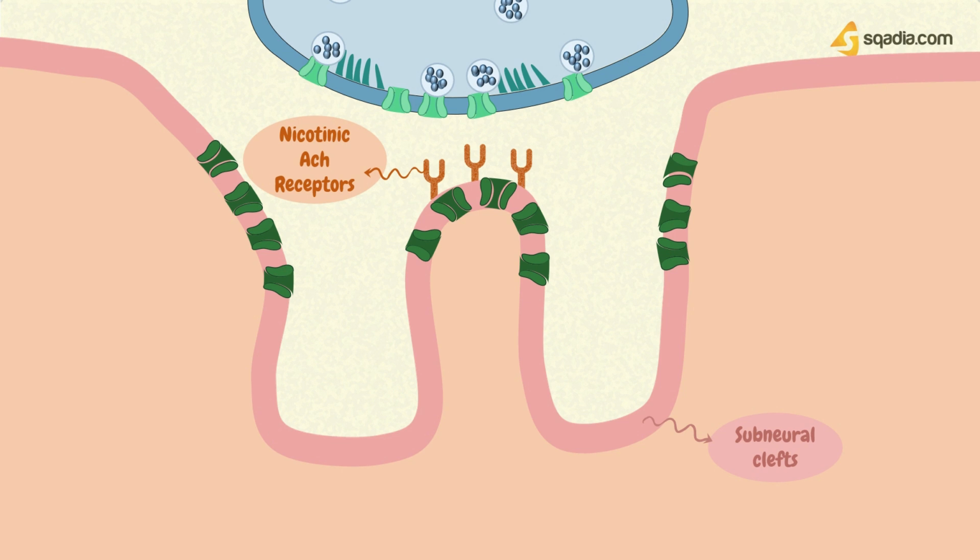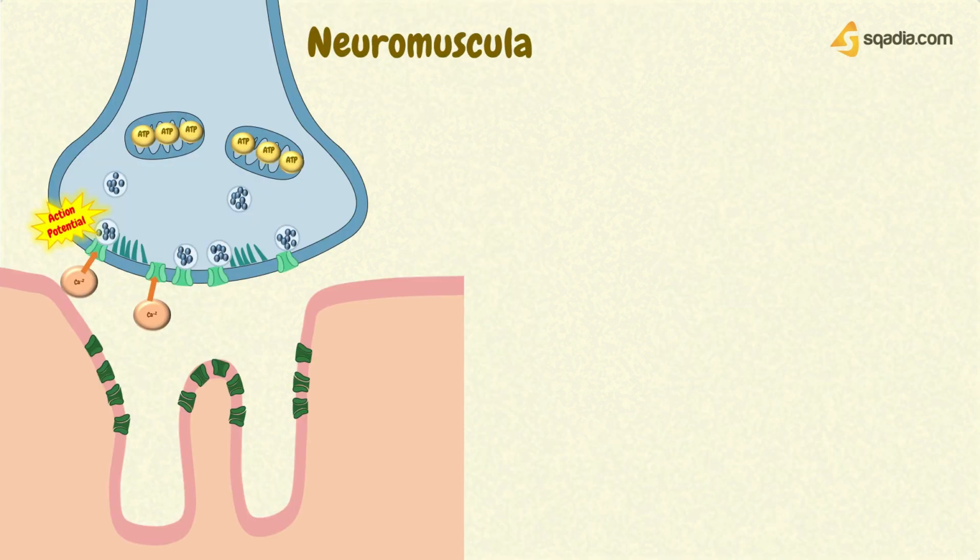Now that you're familiar with the basics, let's quickly run through the chronology of events that essentially explain how we control our skeletal muscles. This is known as neuromuscular transmission. It might all sound complicated at first, but once you understand the flow of events, you will understand that it is very simple.